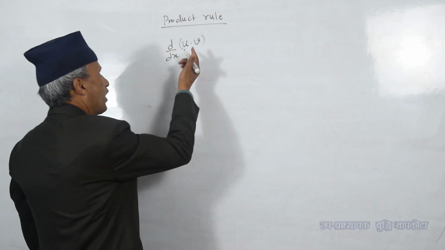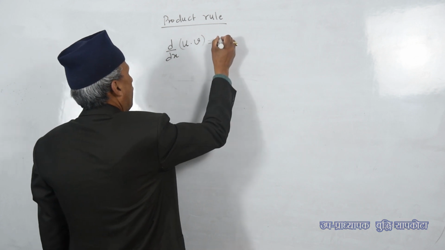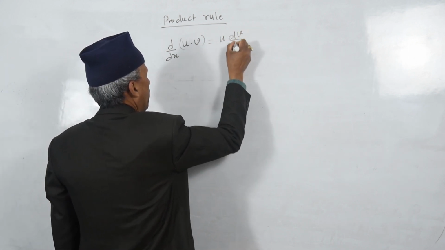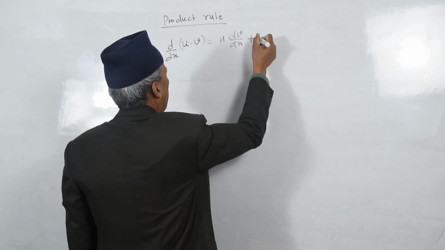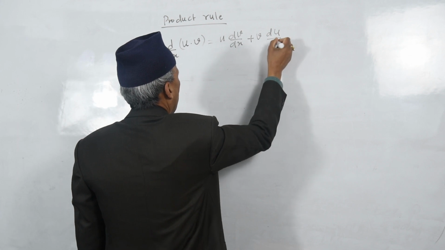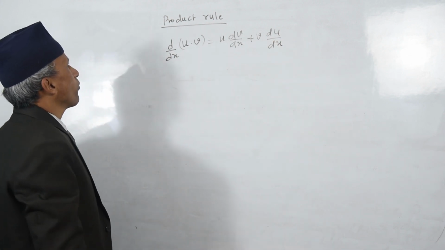Earlier it was the sum rule, now it is the product rule. It is equal to first function into derivative of second plus second function into derivative of first. So this is the product rule.